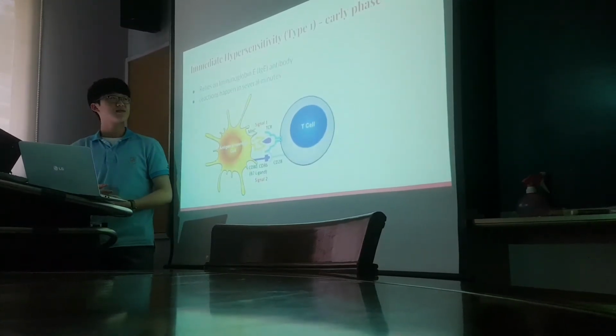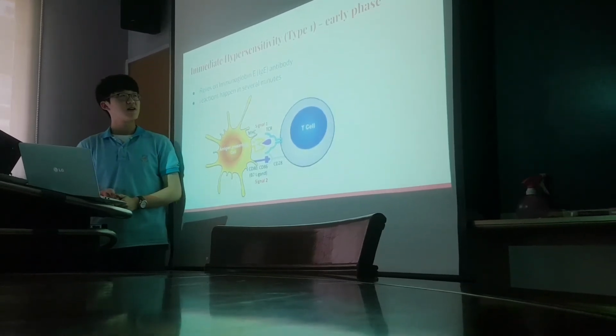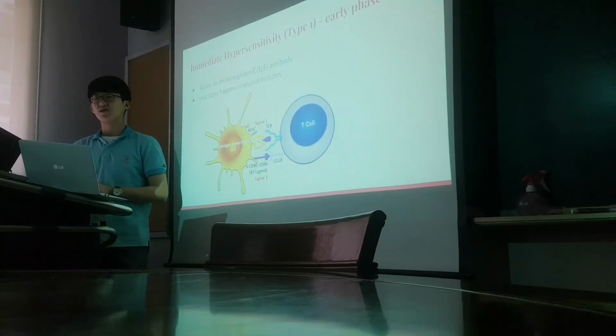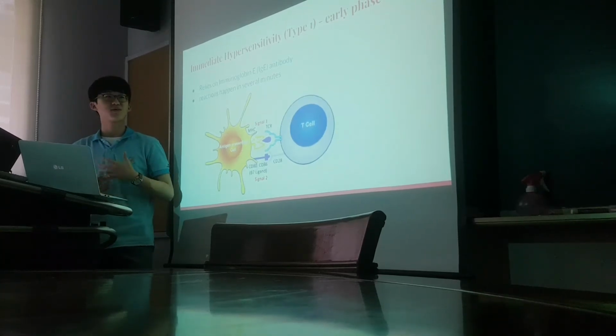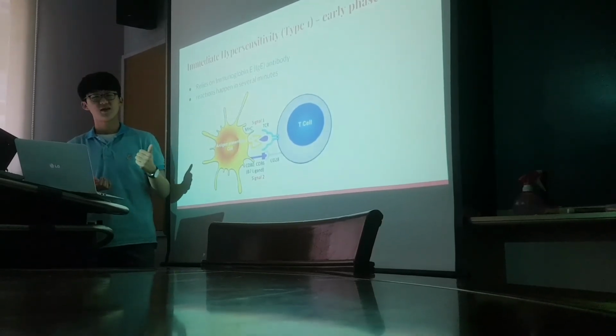Type 1 hypersensitivity mainly relies on the immunoglobulin E antibody, also called IgE antibody, and it reacts in several minutes, so that's why it's called immediate hypersensitivity.